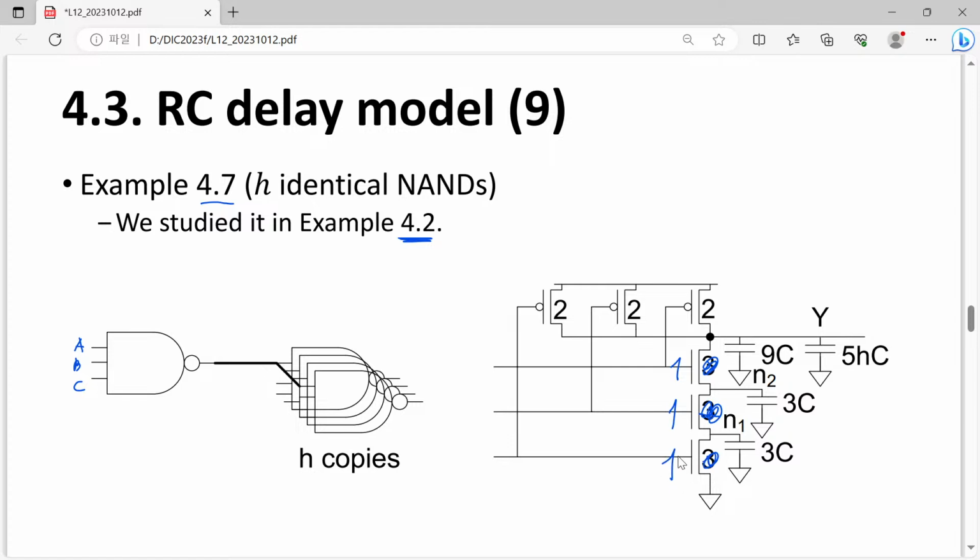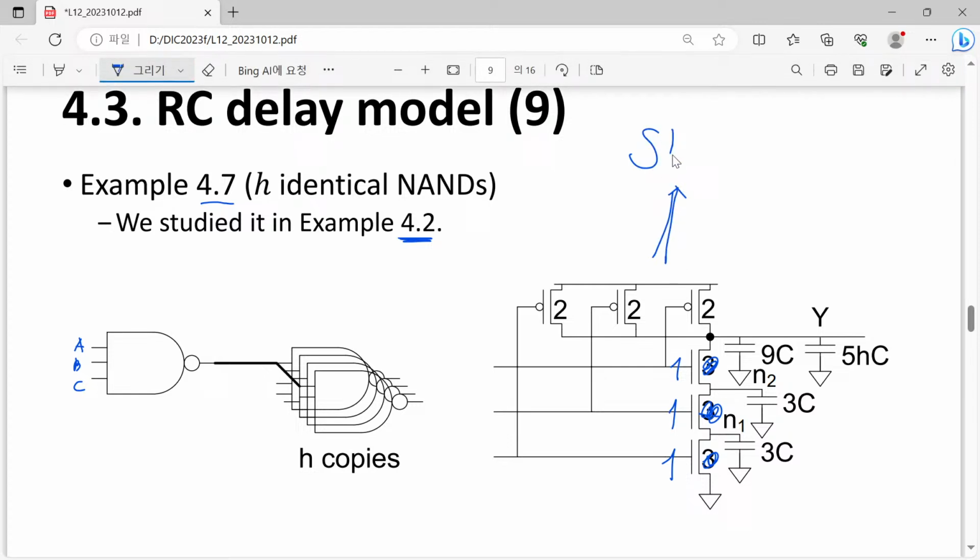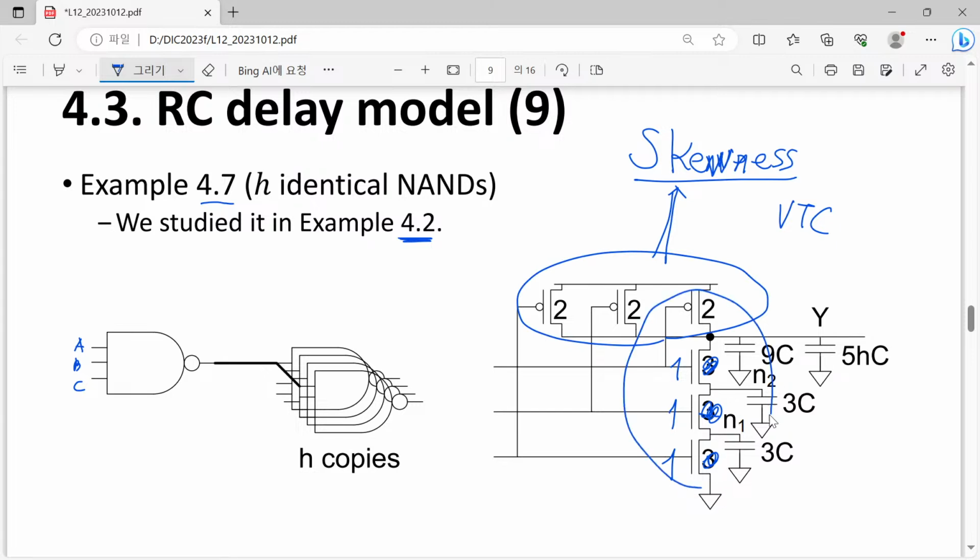Then what will happen if we use a small NMOSFET? The immediate result will be skewness of our voltage transfer curve, because the PMOSFET is now 3 times stronger than this NMOSFET pull-down network.